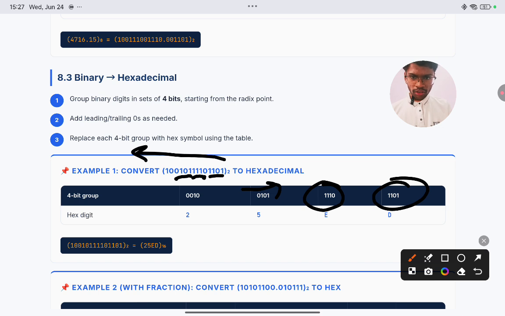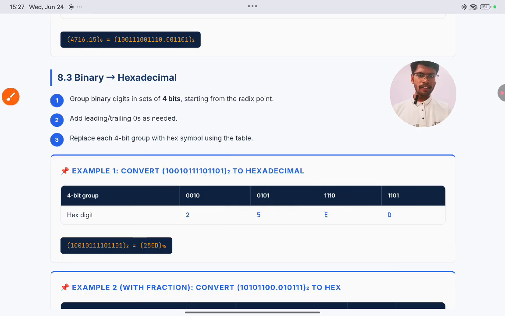What is left is 10. Add two leading zeros to complete it as 0010. And you know from the table that 0010 is 2, 0101 is 5, 1110 is E and 1101 is D. So you write 25ED, where this is E and this is D in hexadecimal, from binary to hexadecimal.